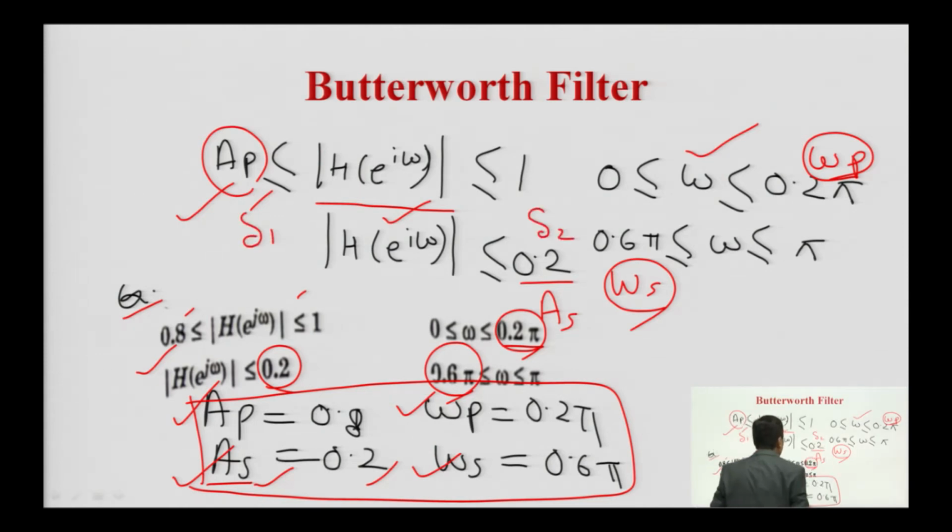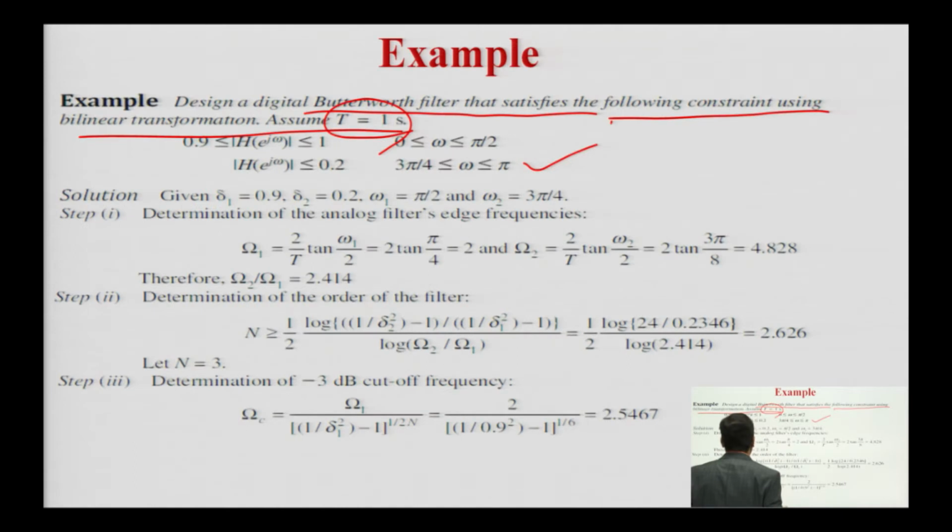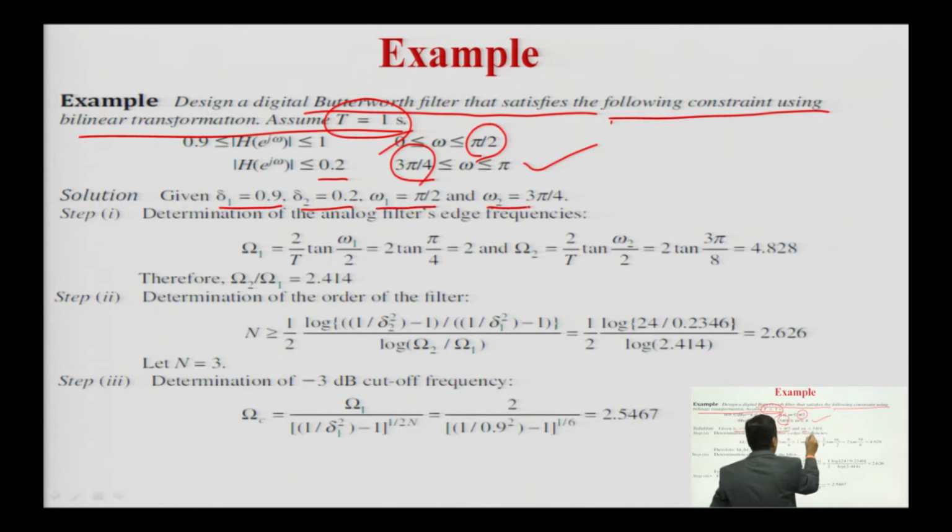In terms of del 1, del 2, AP, AS, these can be written. Here 0.9 is del 1, the ripple in the pass band, and 0.2 is del 2, the ripple in the stop band, and these are the pass band and stop band frequencies, omega 1 and omega 2, you can assume here.